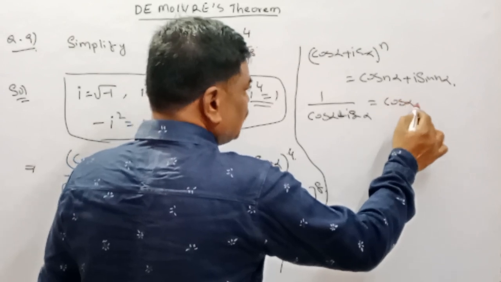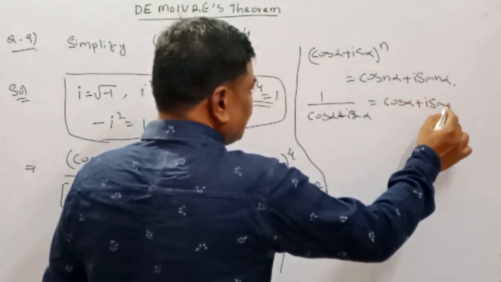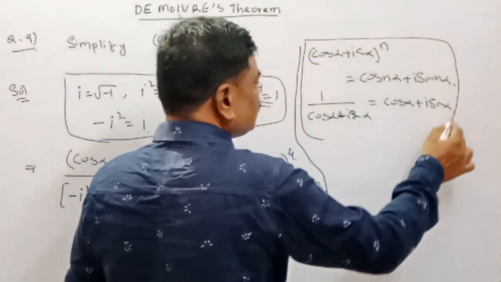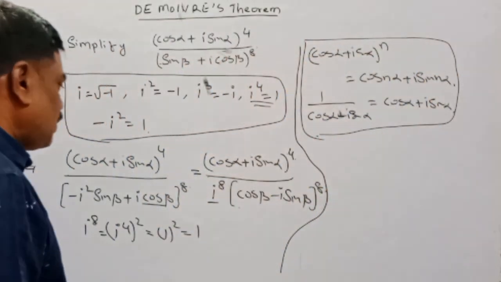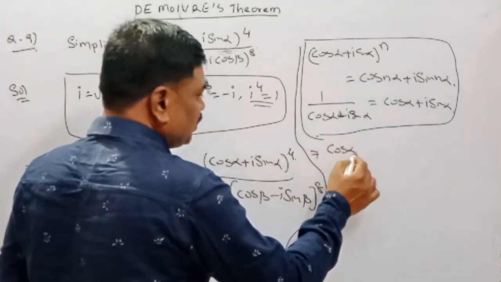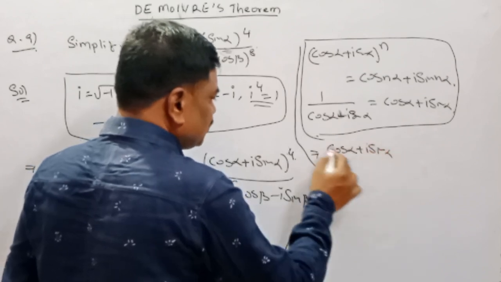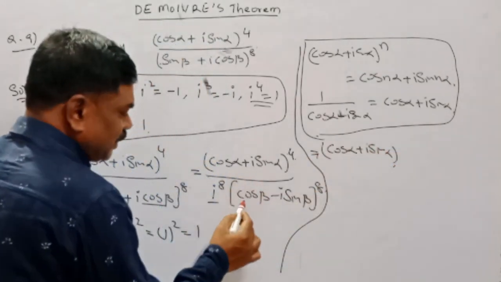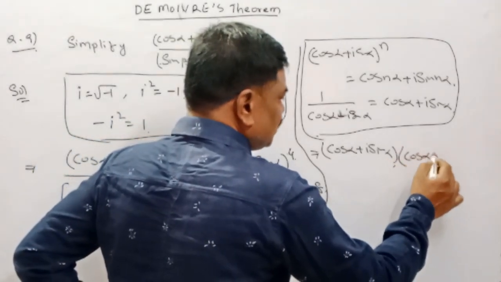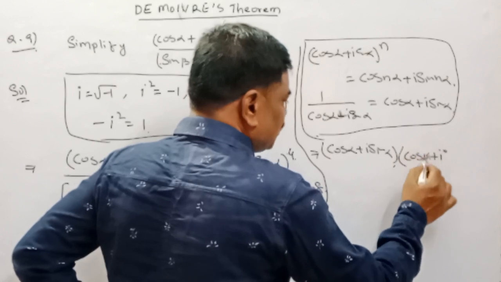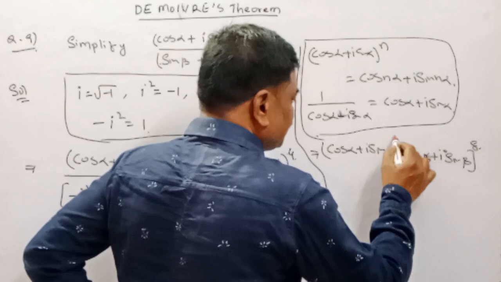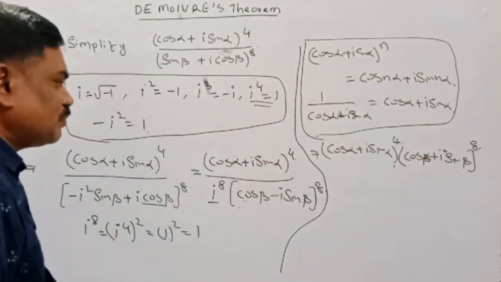By using this formula, this can be written as (cos alpha plus i sin alpha) into (cos beta plus i sin beta) whole power 8. This is whole power 4.